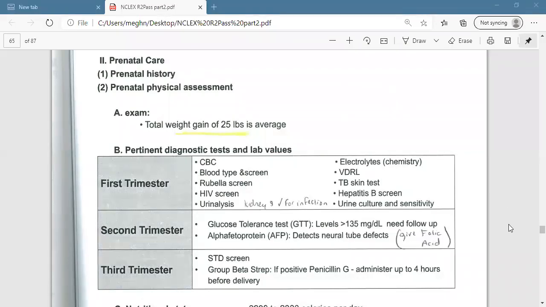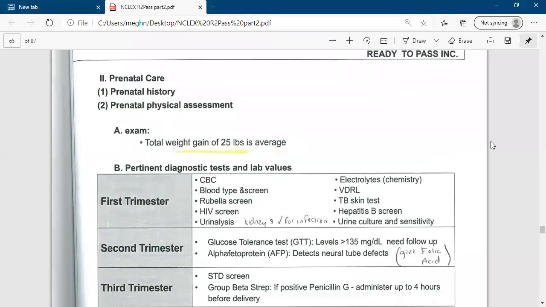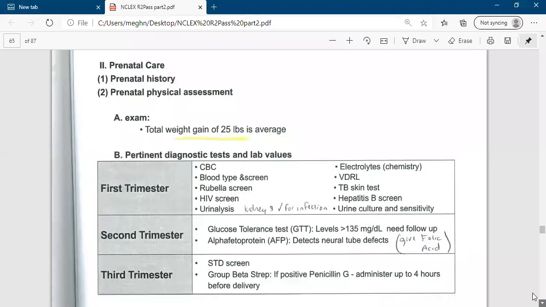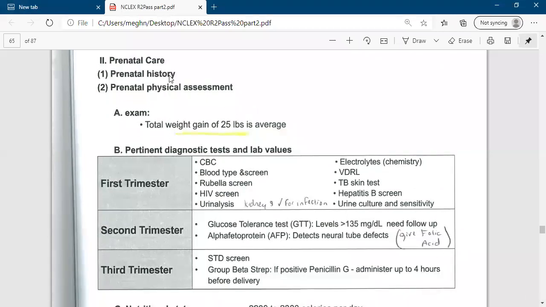Prenatal time or prenatal care. When the mother comes to you for the preparation, we have to take the history: the mother's past medical history.